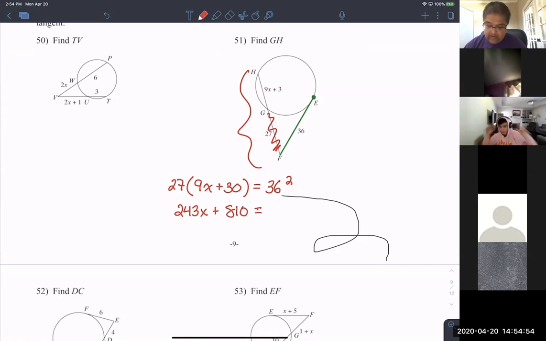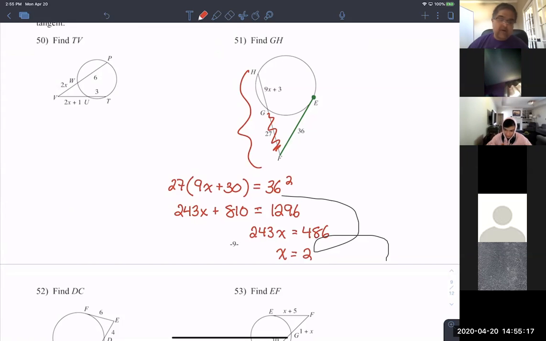And 36 squared is 1296. Subtract 810 from both sides. Okay. Divide by 243 and we get x equals 2.